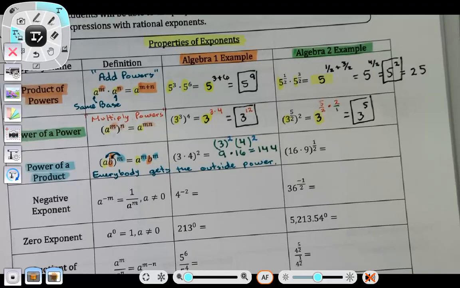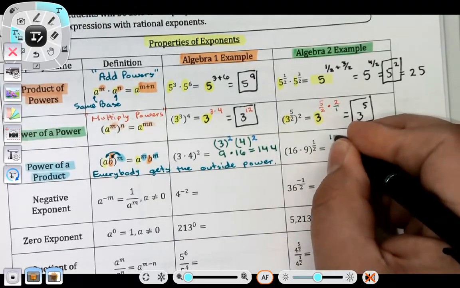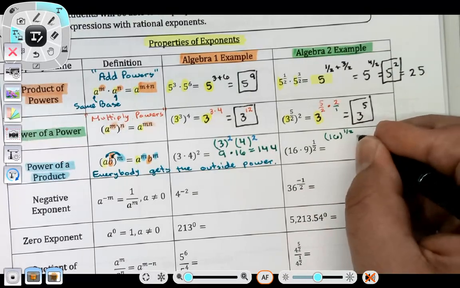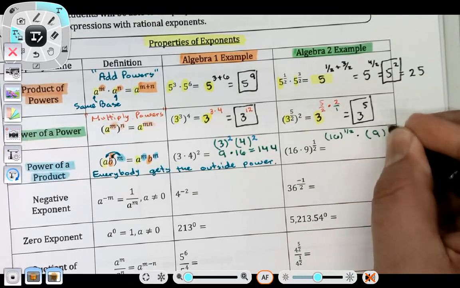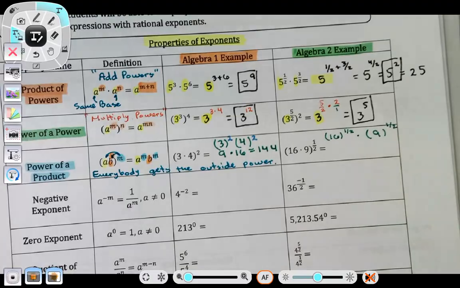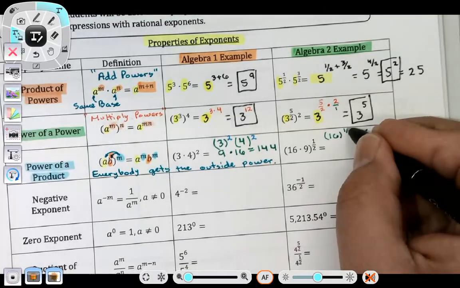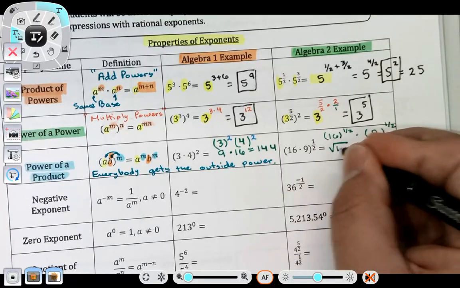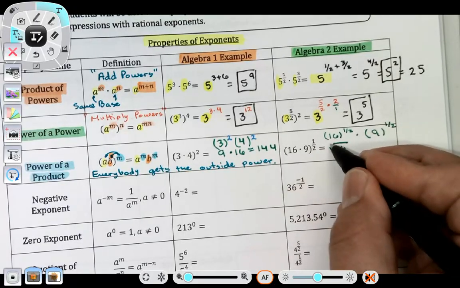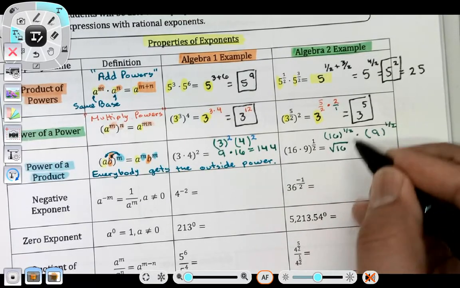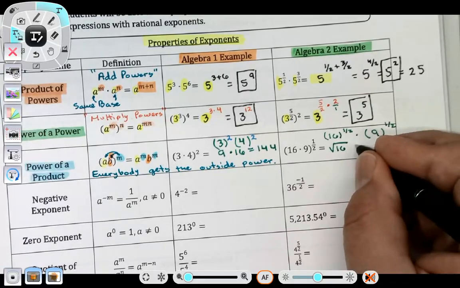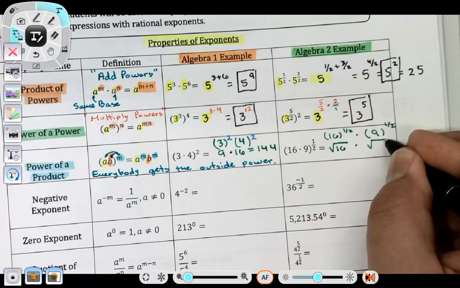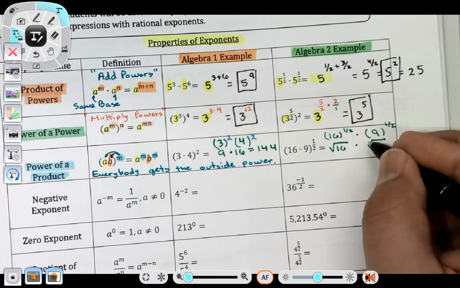So when I'm looking at this problem, I'm thinking, all right, well, the 16, I'm going to give it a 1/2 power times the 9, which I'll also give a 1/2 power. And because I see a power that's a 1/2, it means it used to be a radical with a 16 inside. And then what's the index? 2, right? It's already there, so I don't even have to write it. Over here, a power that's a fraction means it used to be a radical, and it's an index of 2, so I don't write it.